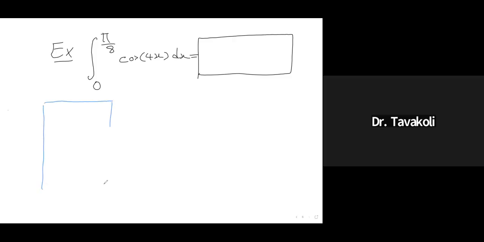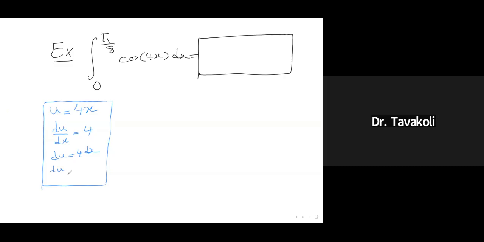What substitution are you suggesting? U equals 4x is the correct answer. And the derivative of u with respect to x is 4. Or, by cross multiplication, du equals 4 dx. If I want to solve for dx, divide both sides by 4.